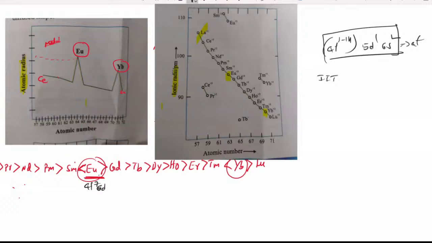If you take europium, instead of 5d1, 5d0 and 6s2 appears. For ytterbium also, 4f14, 5d0, 6s2 is present. Because of half-filled and fully filled, they participate 2 electrons in the metallic bond. This also participates 2 electrons in the metallic bond.